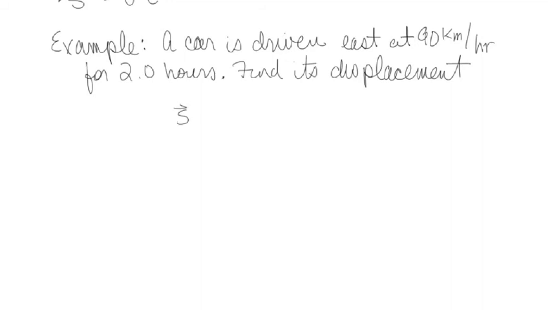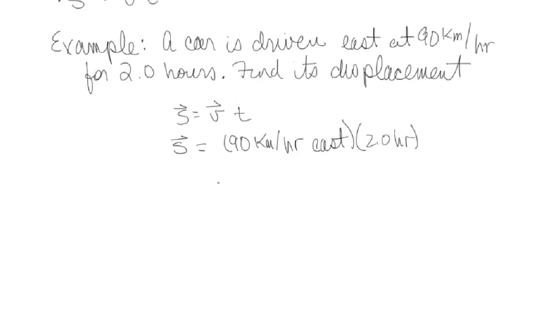Displacement is velocity times time. Plugging in our values, the velocity is 90 kilometers per hour east, times 2 hours, giving us a displacement of 180 kilometers east.